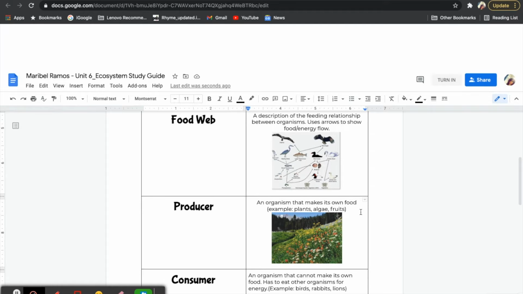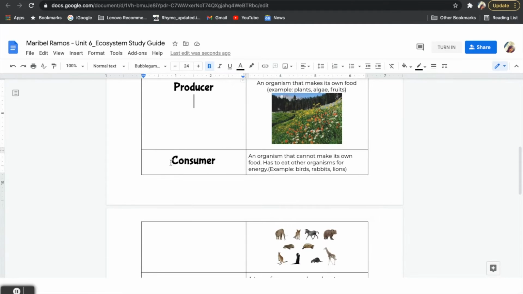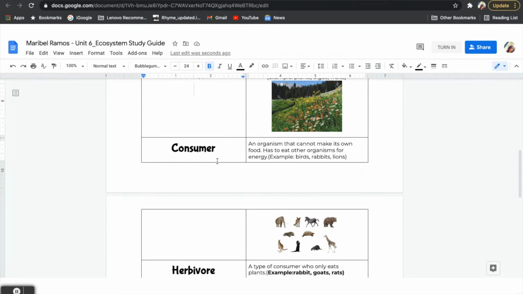When they make their own food, they are able to grow and become food or nutrients for other organisms in ecosystems. And then comes in consumers. Consumers, these are organisms that cannot make their own food. They have to consume or eat to get their energy.